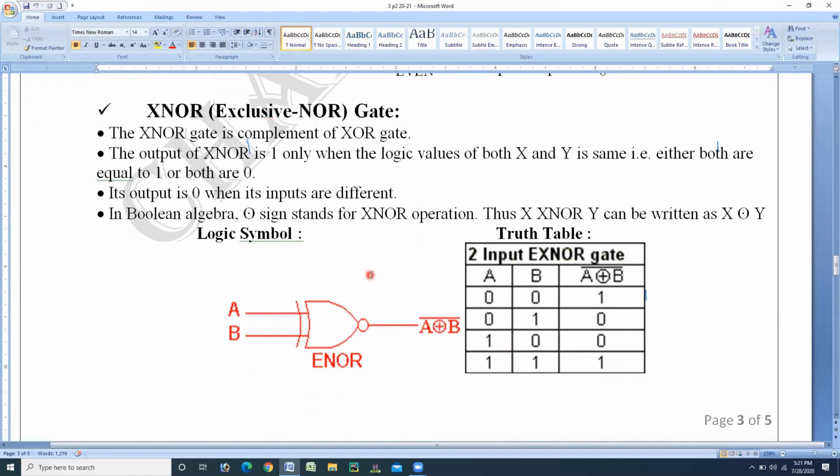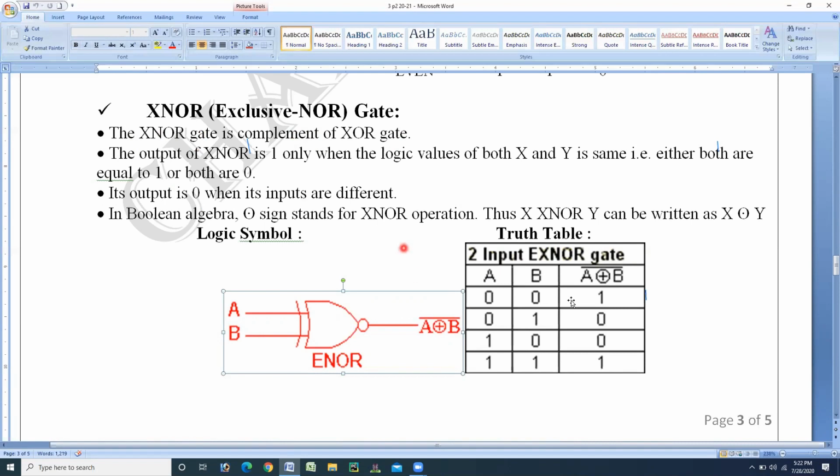After that we learned the last derived gate, the exclusive NOR gate. If you compare this with the exclusive OR gate, the XNOR is the complement of exclusive OR. That's why for the exclusive OR gate, one small circle on the output side, representing a NOT symbol, becomes the exclusive NOR gate.